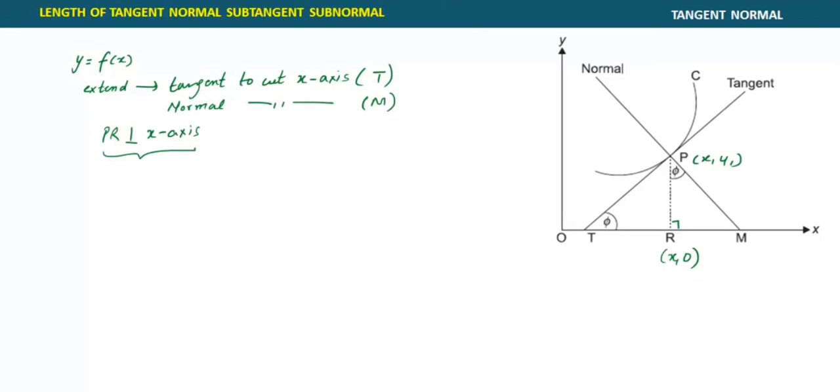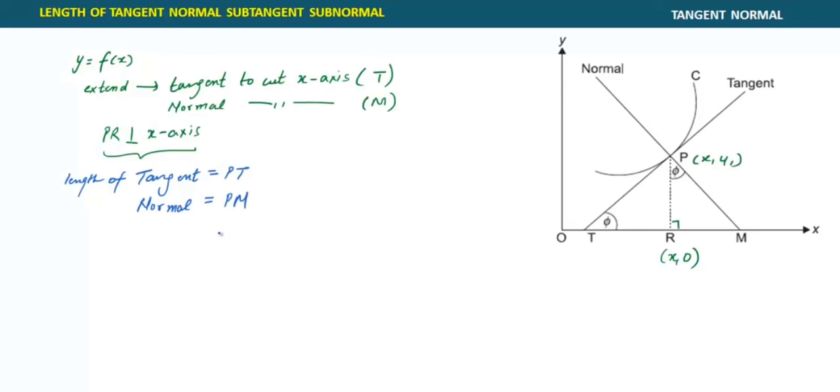Now if I have to define the terminologies of length, the length of tangent is nothing but this distance, from P until T. So the length of tangent is PT. Similarly, the length of normal will be from the point where you have drawn the normal, that is P, until its point of intersection with the x-axis, that is PM.